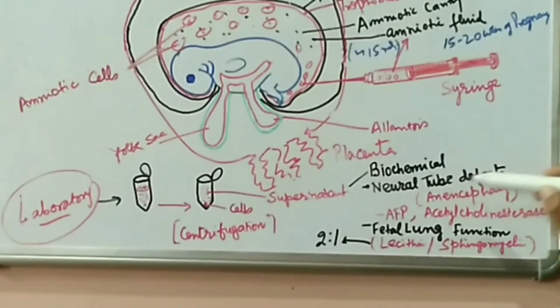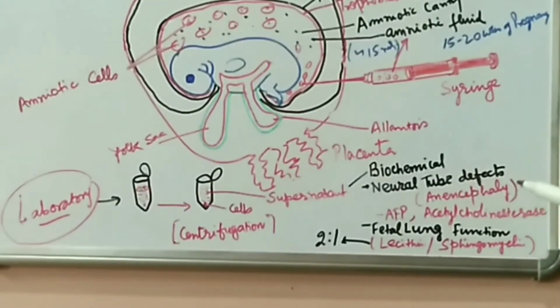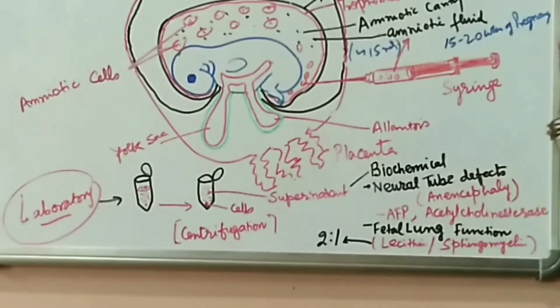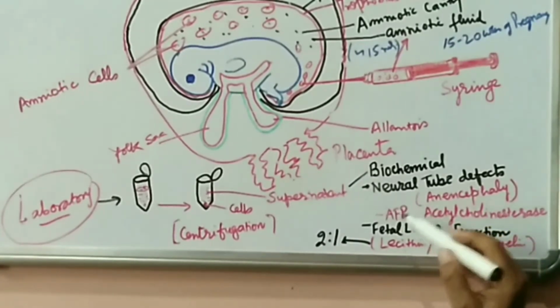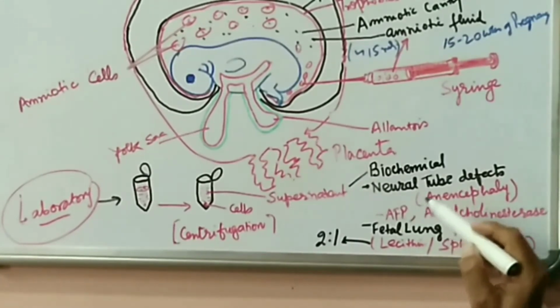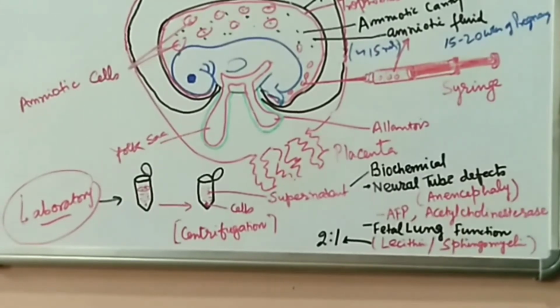Like the first one is the neural tube defect, that is known as anencephaly. Now, for the neural tube, two parameters are taken up for the spina bifida study, where the spinal cord is not complete.